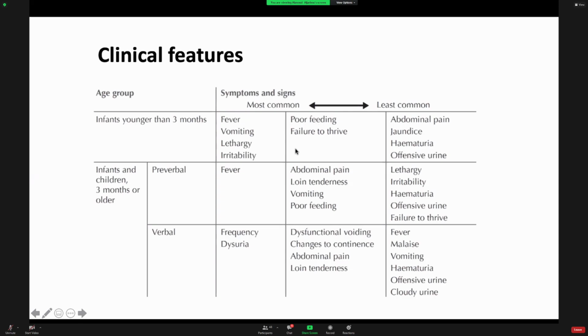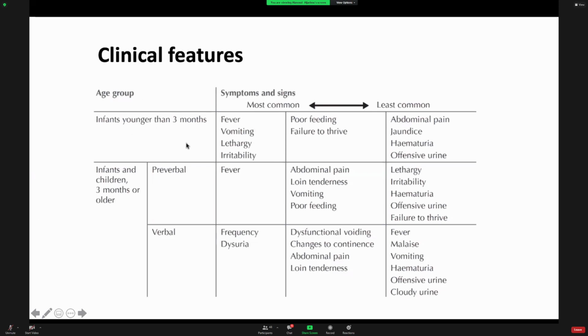If UTI is not diagnosed or the patient did not present acutely, they will present with failure to thrive. Less commonly, they present with jaundice, but jaundice is mainly with sepsis in this age group.